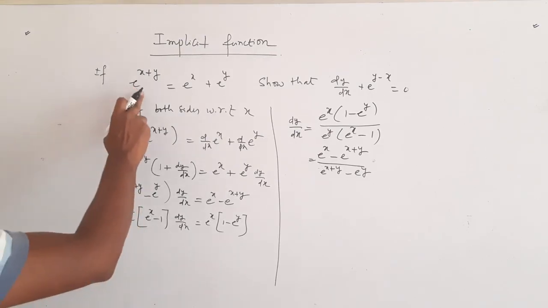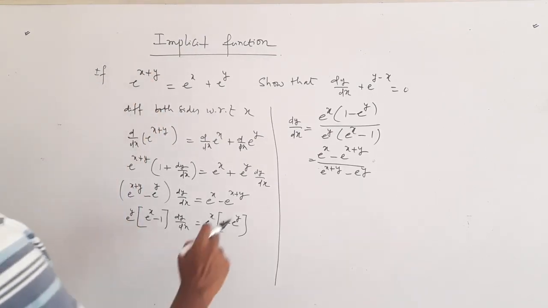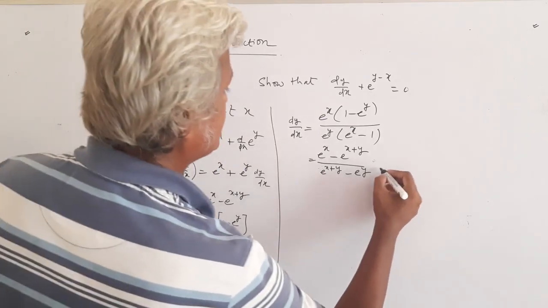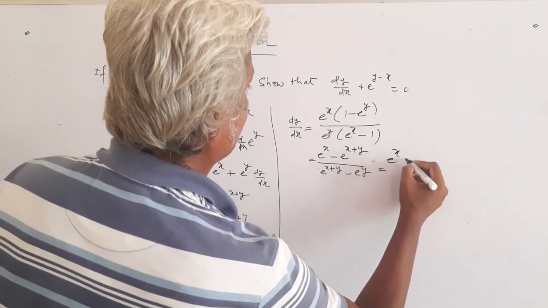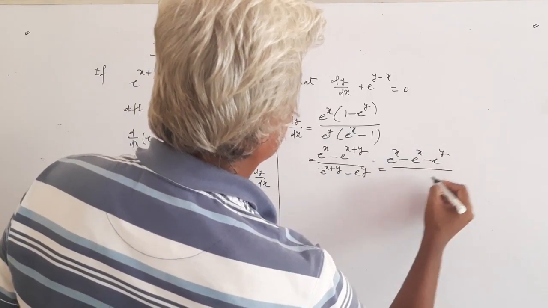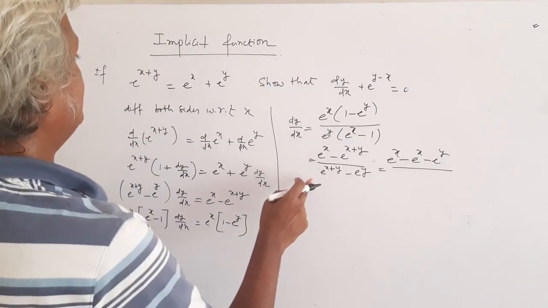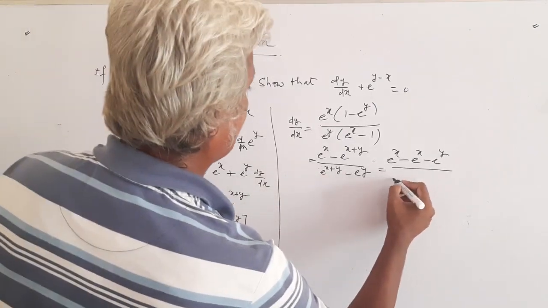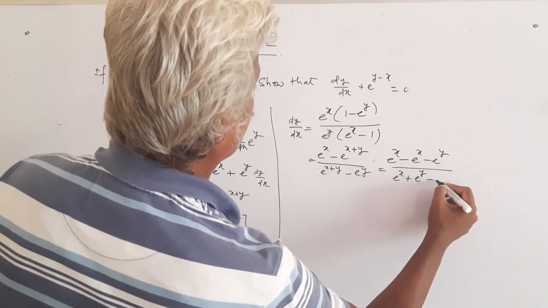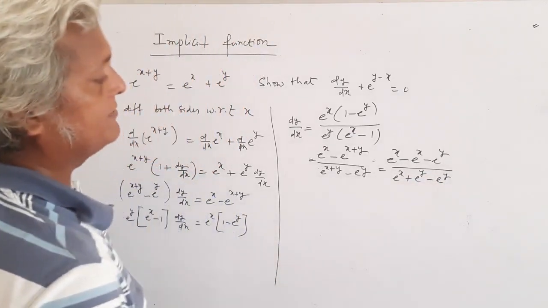So in place of e to the power x plus y, I can write e to the power x plus e to the power y. So it is e to the power x minus e to the power x minus e to the power y upon, in place of e to the power x plus y, if you write e to the power x plus e to the power y minus e to the power y.